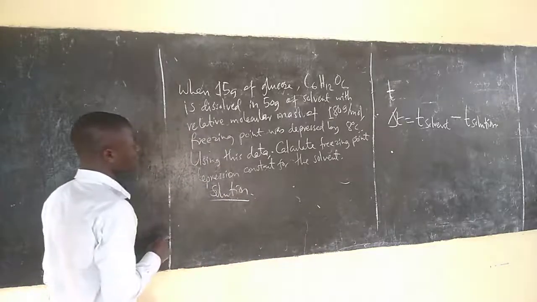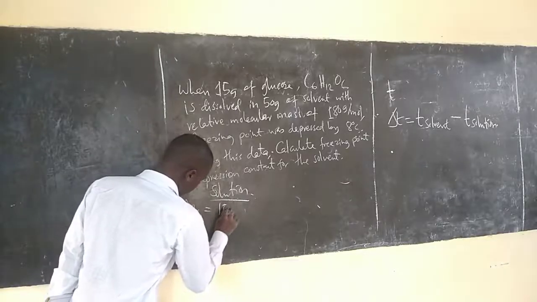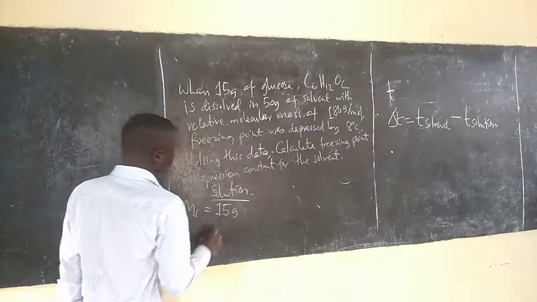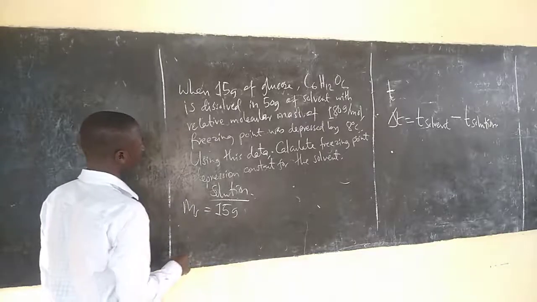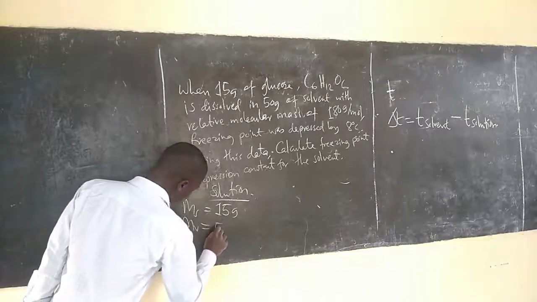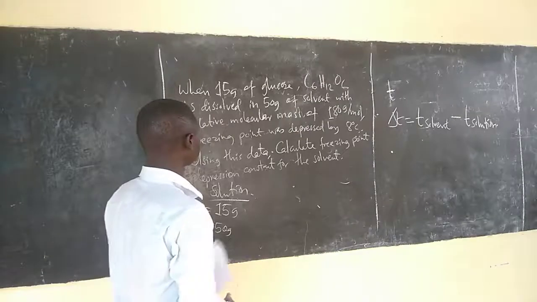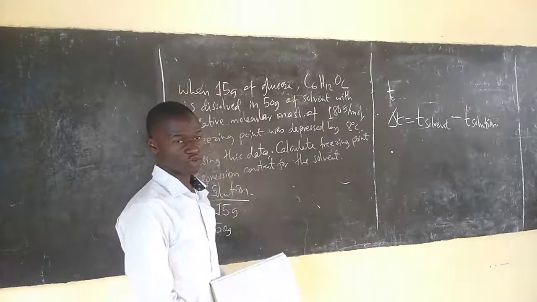and in the part of data given, we are given a mass of solute Ms equal to 15 grams. Then we are given mass of solvent Mv equal to 50 grams. Then this is the relative molecular mass of glucose.